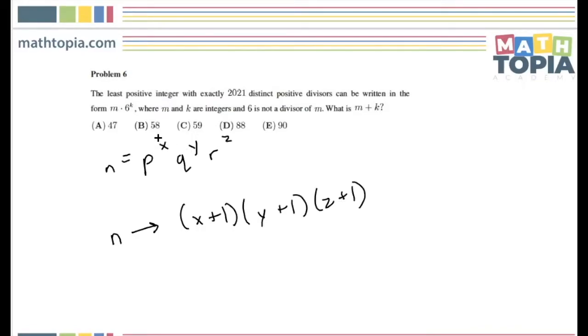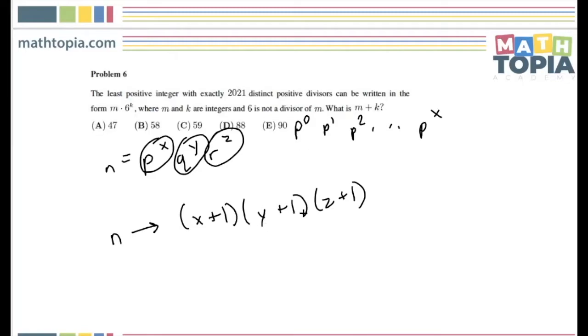For each of these prime powers, in order to form a divisor, for the p to the x term, the number of p's we choose could be 0, 1, 2, all the way up to x. So from 0 to x would be x plus 1 different ways to choose the number of p's. And the same thing for q and r.